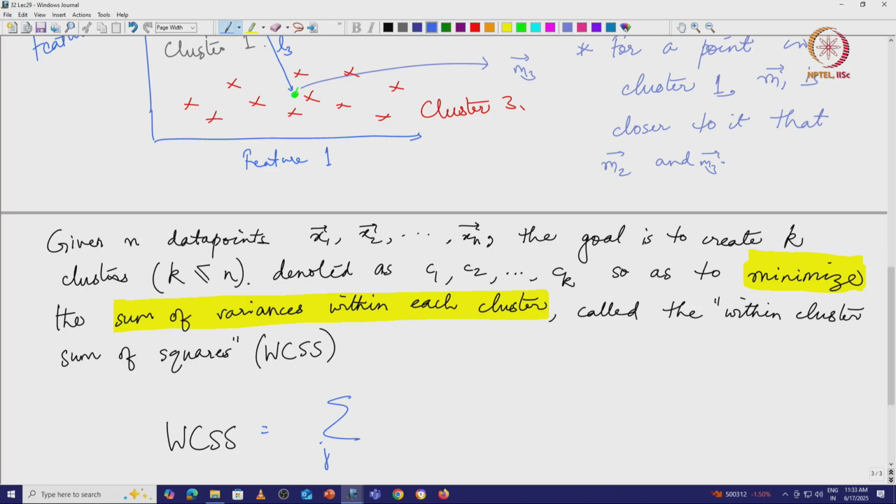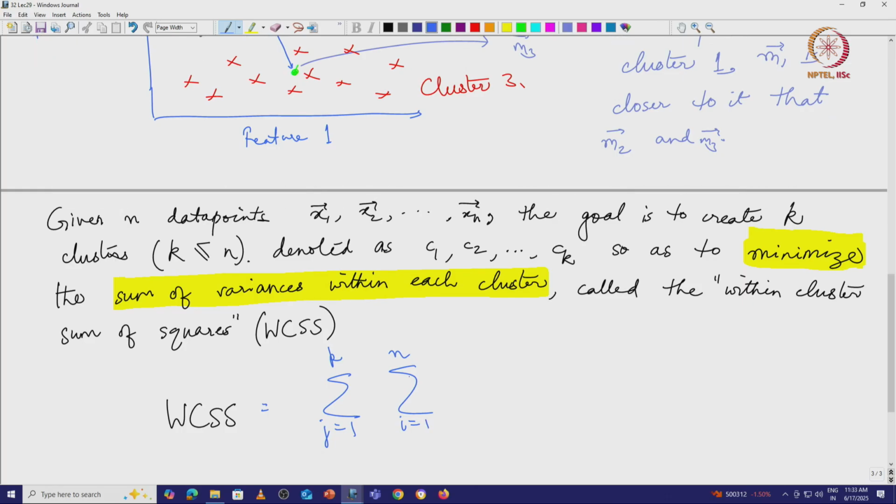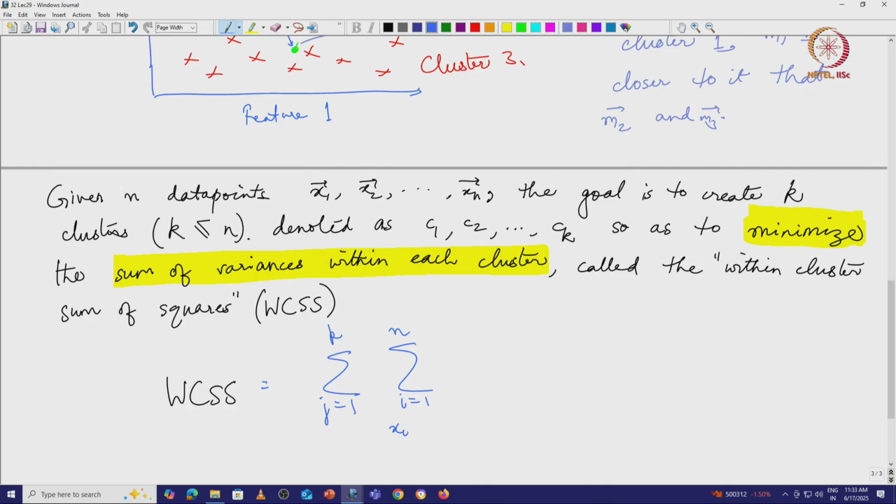Okay. So, WCSS is given as the sum over the clusters j equals 1 to k, and then you look at all the points which are there in that particular cluster. So, xi going from 1 to n, but only those i's which are part of the cluster Cj, right. So, this is set notation and this is the belongs to symbol.